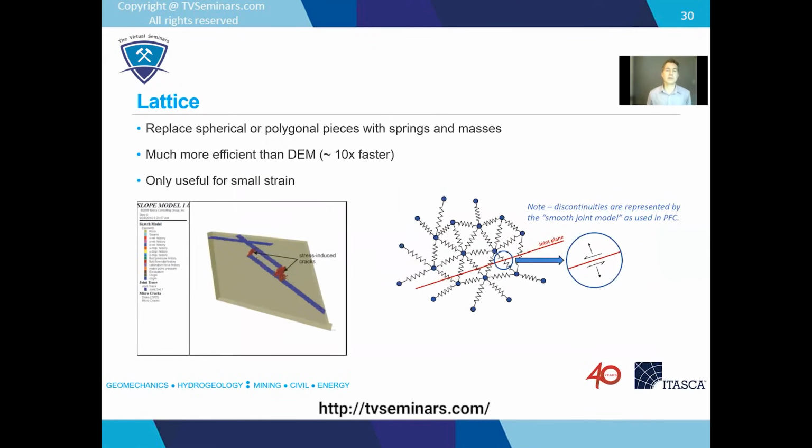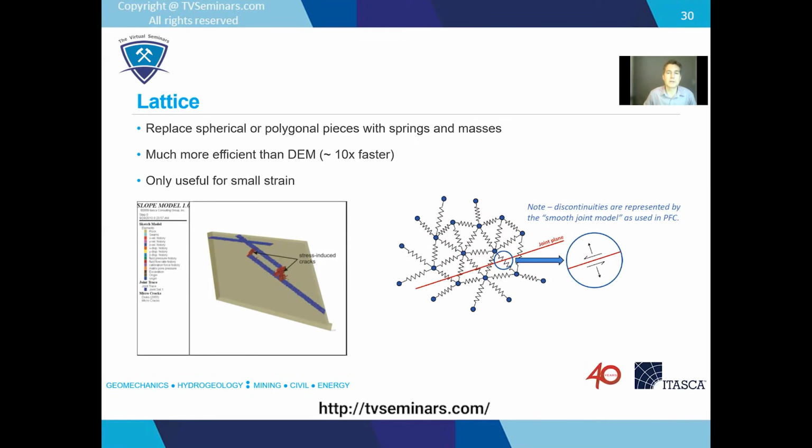The second approach I said was that we could actually try and simplify the discontinuum model. And so one thing that we've been doing at Itasca is this idea of a lattice model. So instead of having these spherical particles that can rotate and move long distances, we replace all of that with just springs and masses. And this makes the computation much less intensive.